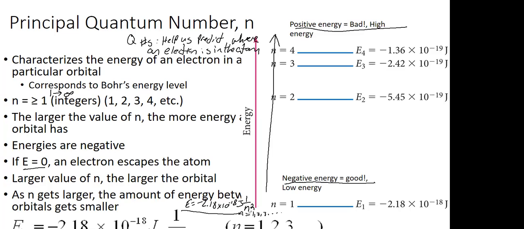So it has this set amount of energy. Negative 2.18 times 10 to the minus 18 multiplied by 1 divided by whatever energy level you're at squared, right? So this is how we can tell the energy of an electron depending on its principal quantum number.